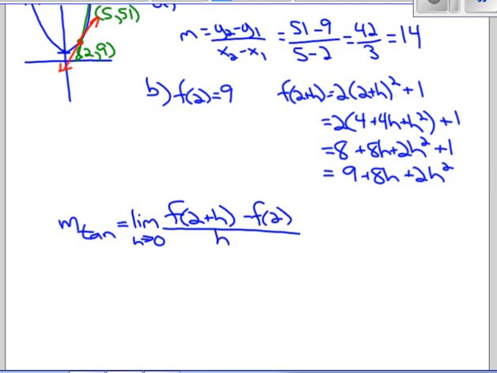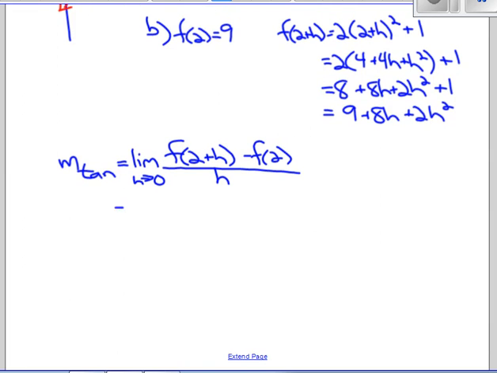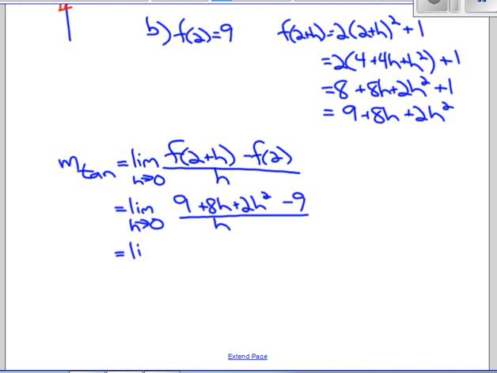Now that we've found each of those values, we can just follow the algebra through. So f at 2 plus h was 9 plus 8h plus 2h squared. F at 2 was 9. Okay, all over h.